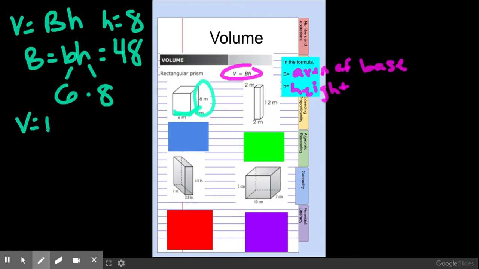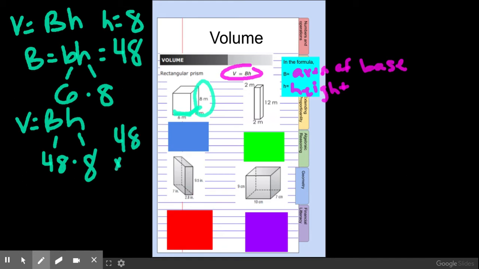Okay, so now we can plug this into our formula. So our volume is equal to big B times H. We said our big B was 48 times our H was 8. So now all we have to do is multiply those together. So 48 times 8. 8 times 8 is 64. 4 times 8 is 32, plus 6 is 38.